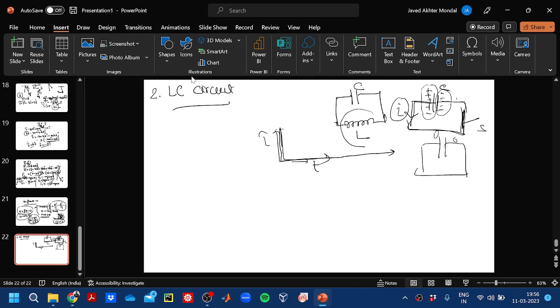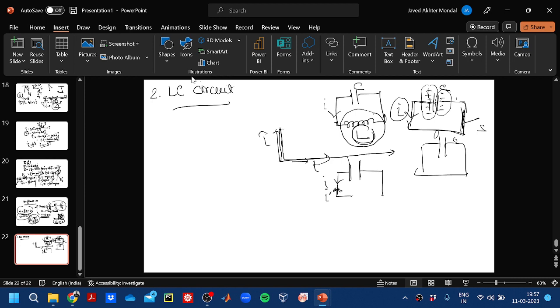Now if we connect an inductance here, what will happen? We know that inductance always opposes the current. If a current is flowing in this direction, the inductance will generate a back EMF, and it will try to oppose the current. So the effective circuit will look like this. We have a capacitor here, and if the current is flowing in this direction, the inductance will create a back EMF and flow a current in this direction.